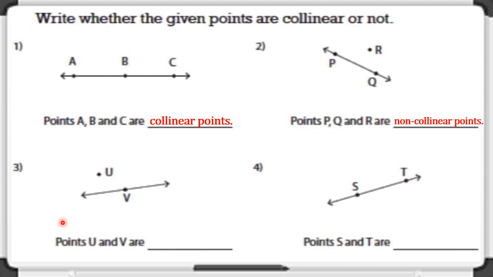Number 3, points U and B are correct. They are non-collinear since U did not lie on the same line. Number 4, points S and T are collinear since they lie on the same line.